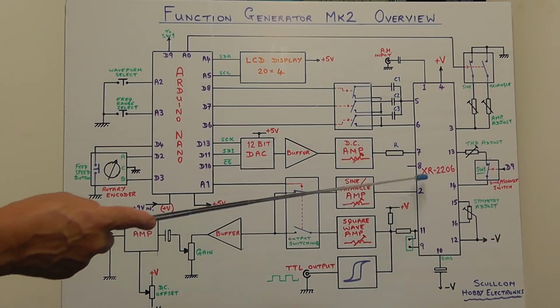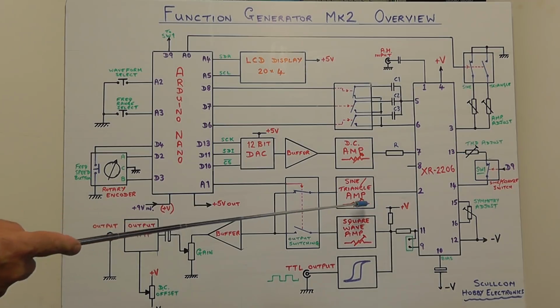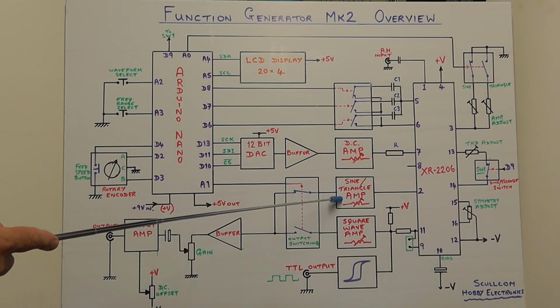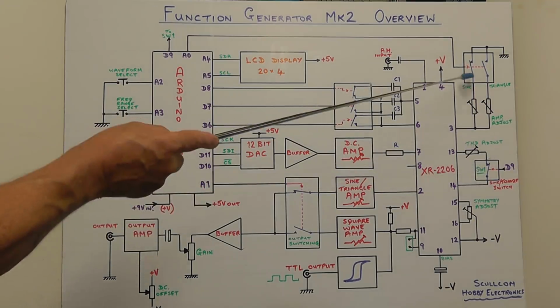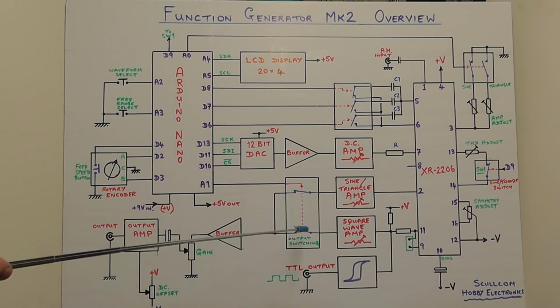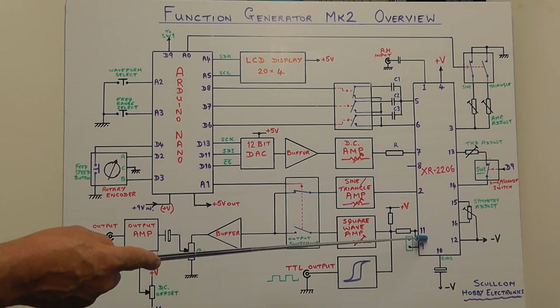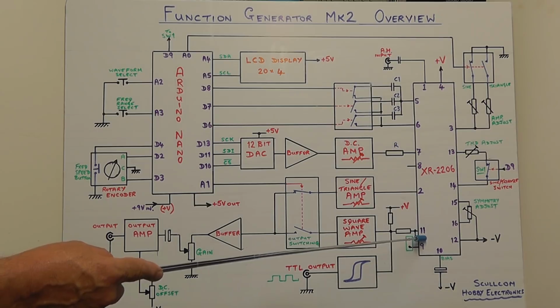Now the output from the function generator IC is coming from pin 2, where we've got either the sine wave or the triangular wave, which is determined by this switching arrangement here. It's then going through an analog switch before going to the output. On pin 11 of the function generator IC, you've got the square wave, sometimes referred to as the sync output.